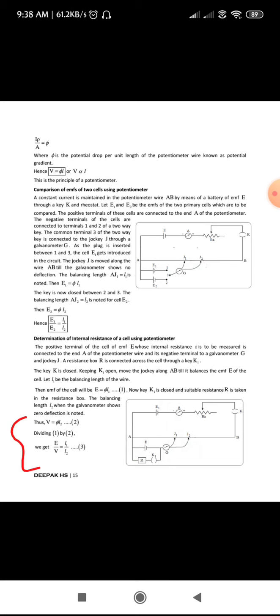So V is directly proportional to L, where V is the potential difference across any 2 points and L is the length. This is the principle of the potentiometer.